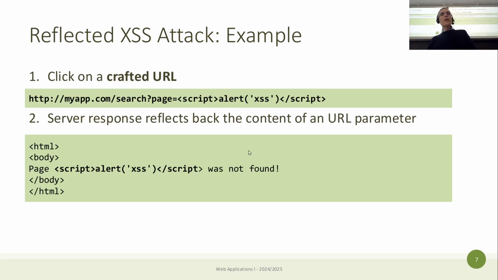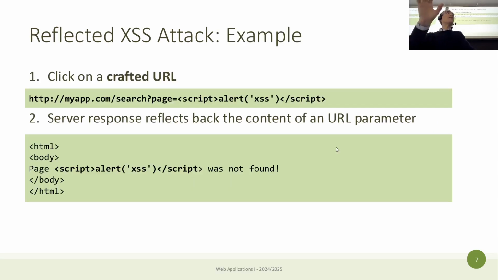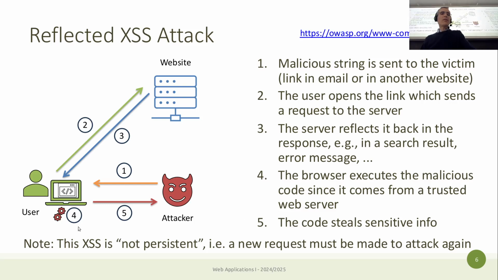Okay. So that's a possibility, and this cross-site scripting attack is not persistent. Okay, so every time you want to execute this attack, you need to have somebody clicking on the link. Okay, you need to make a new request with the malicious code to the web server. Okay.